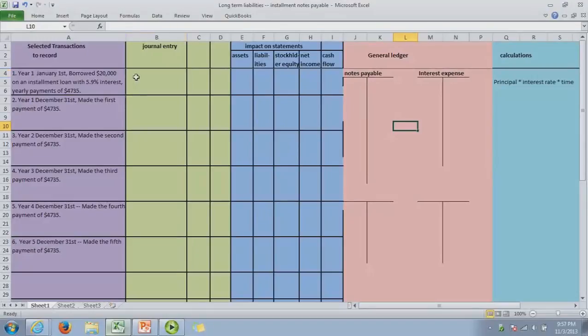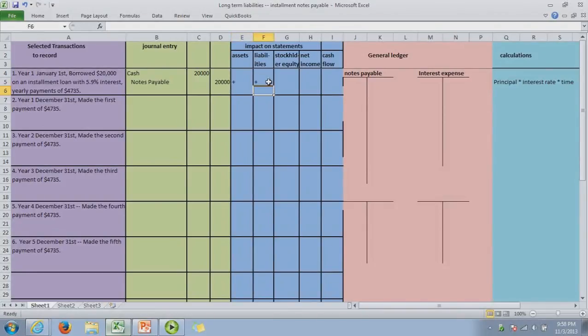So borrowing the money is no different than other types of loans. We're going to sign a formal debt instrument, and we will just deal with principal to begin with. So we'll pick up the $20,000, and as no surprise, we would expect our assets to go up because of cash. Notes payable certainly is a liability.